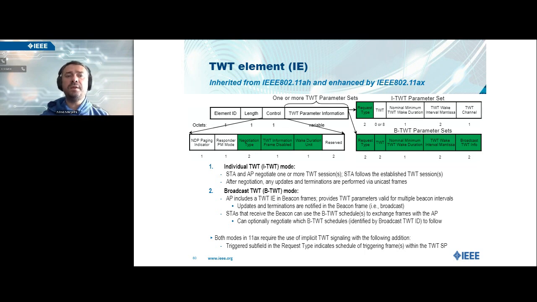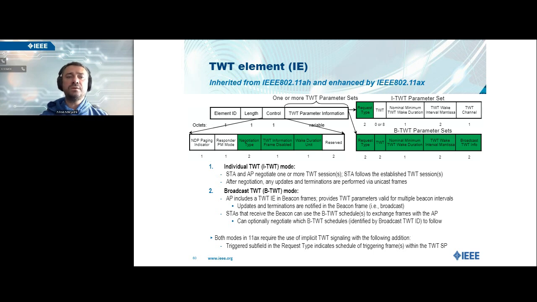And any updates or terminations are notified by the access point in the beacon frame itself. So there is no need for unicast frame exchanges for updates and terminations. Now, as a station, once you receive the beacon, you can obtain the schedules in the beacon itself, and within those schedules, you can exchange frames with the access point.